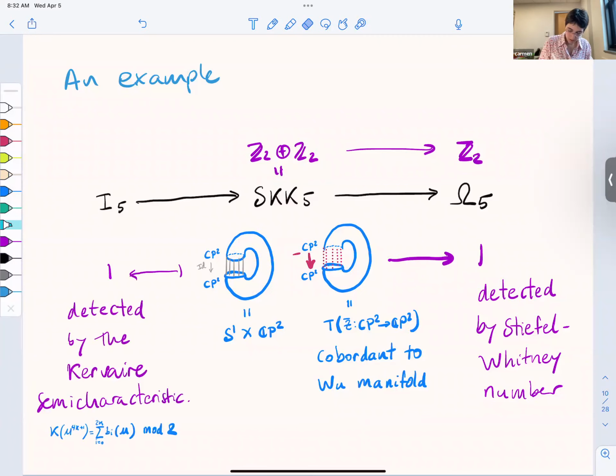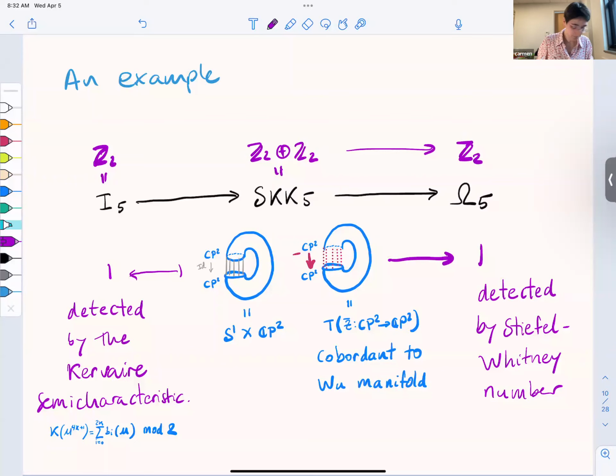So you can see how this other C2, which would be trivial in cobordism, is actually non-trivial in SKK, because it's detected by the semi-characteristic, and that's something that belongs in the kernel because we have an exact sequence. Okay, so that's an example of how the short exact sequence works in dimension 5.